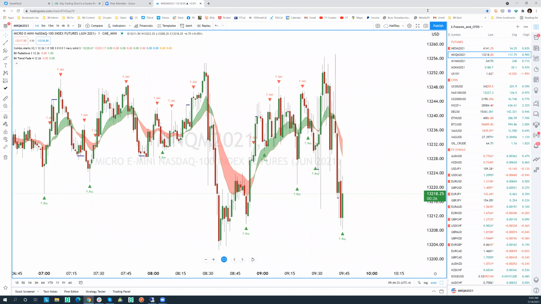It's 40 divided by 2. So I made 20. Yeah, 10. That makes perfect sense. I made 10 trades, 2 points each. That was 20 points in NASDAQ.